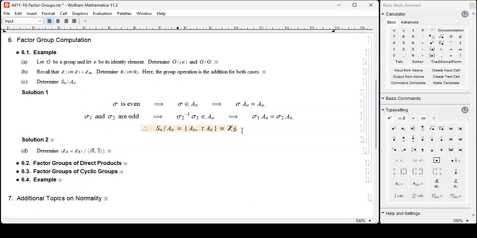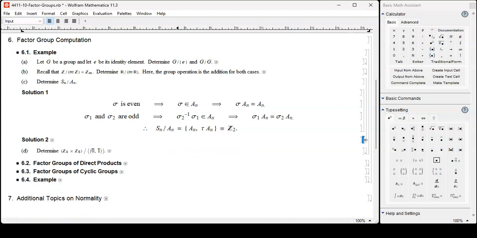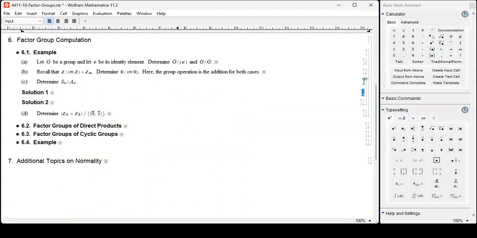And that should be a factor group. So what do we have? We have Z2. Another way is a bit of a cheating, but you can simply count the number of elements. The order is n factorial for the symmetric group and half of that for the alternating group, because even versus odd, there's a one-to-one correspondence. So the index is 2, so we have only 2 elements. It should be a group, so we have Z2. A bit of a cheating, but there you go.